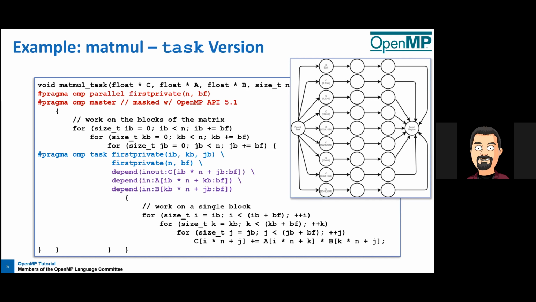So there's an API call that you can call to figure out if you are in a parallel region, and you can even ask OpenMP what nesting level that is. So if you have a parallel region nested in a parallel region nested in a parallel region, you can ask how deep that nesting is to make a decision based on that.